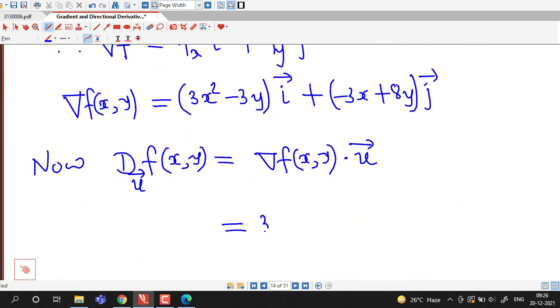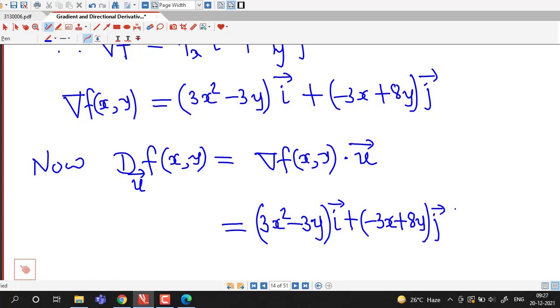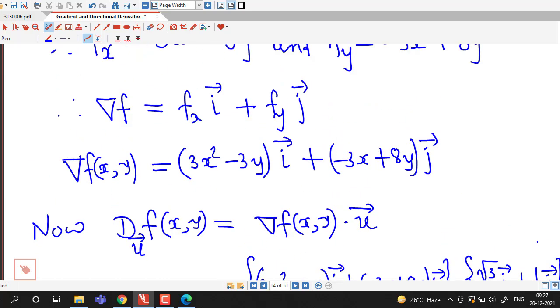So we write one more step. First we write the gradient of f, 3x square minus 3y times i plus minus 3x plus 8y times j, and we have to take the dot product with the unit vector which was root 3 by 2 i plus 1/2 j. Let me check this.